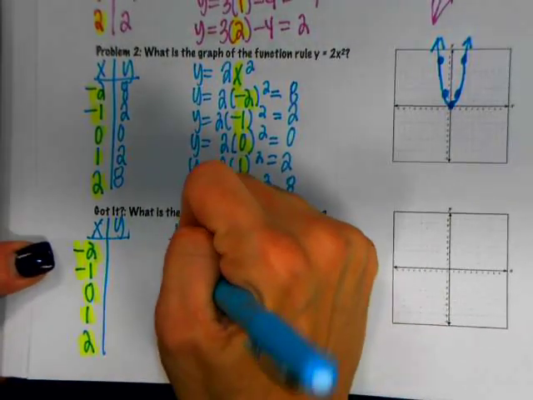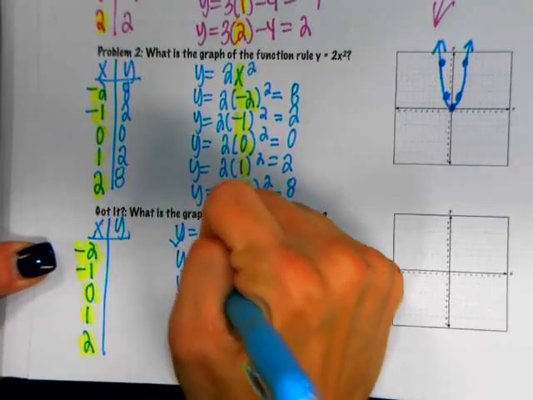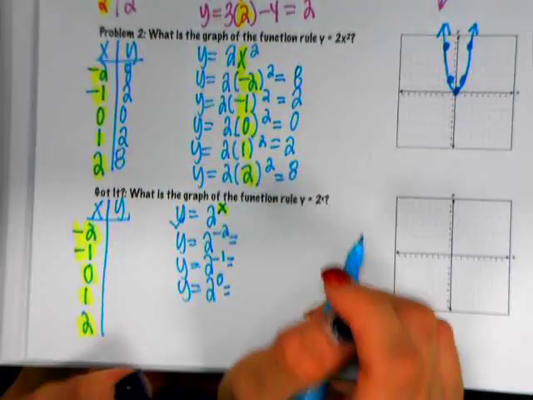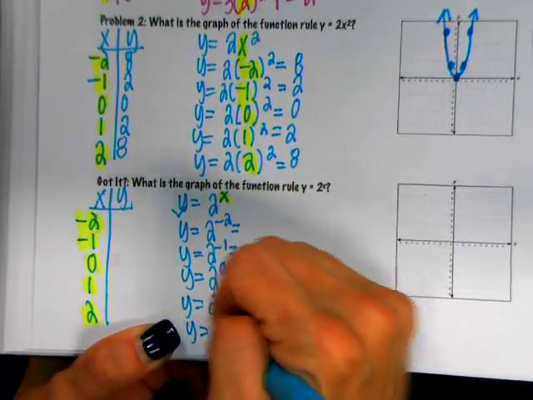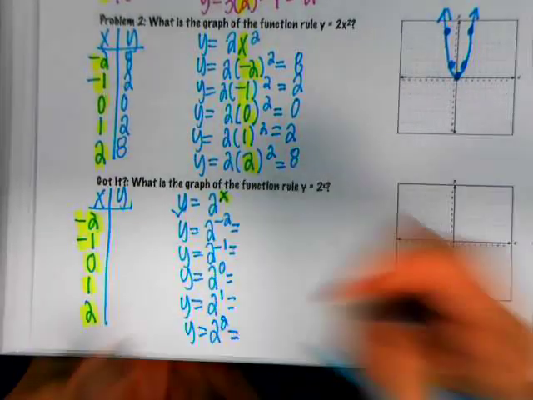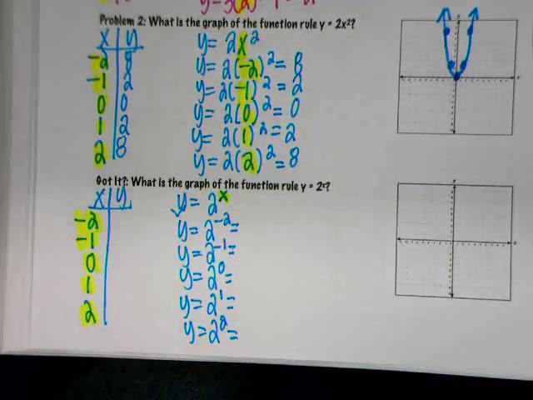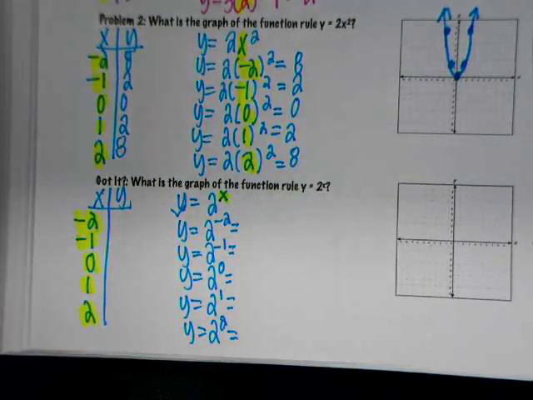So you're going to have to do y equals 2 to the negative 2, 2 to the negative 1, 2 to the 0, 2 to the first, and then 2 to the second. If you don't know where the exponent button is, this button looks like this. You would just go like a quarter of the way up a box. Yeah, so you will get decimals for a couple of these.